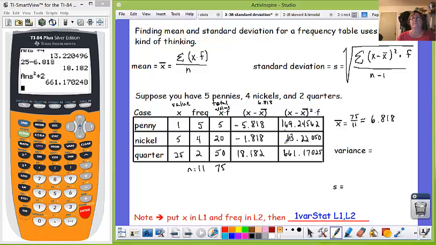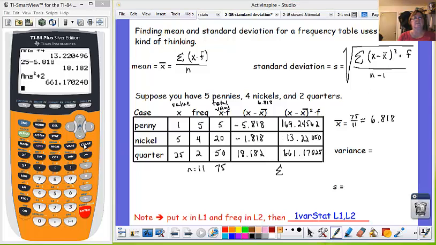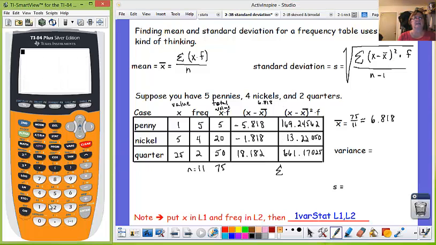All right, I have my deviations all in, squared times frequency. Now comes this part of the formula where I want to add. So I'm going to take this column and add those numbers together. I'm taking it out to quite a bit of precision.